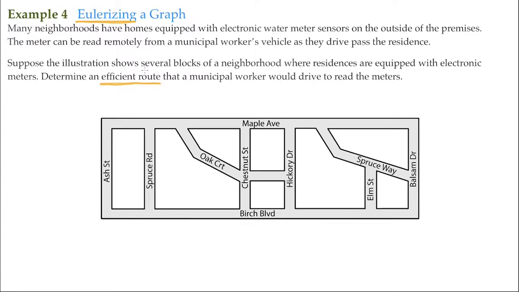So the first thing we'll do is I'm going to make the graph. And again, each intersection here will create a vertex. So I'm just going to put a vertex on each intersection here. And I'm just going around the map, which is convenient when we do it for street maps. So for each intersection.